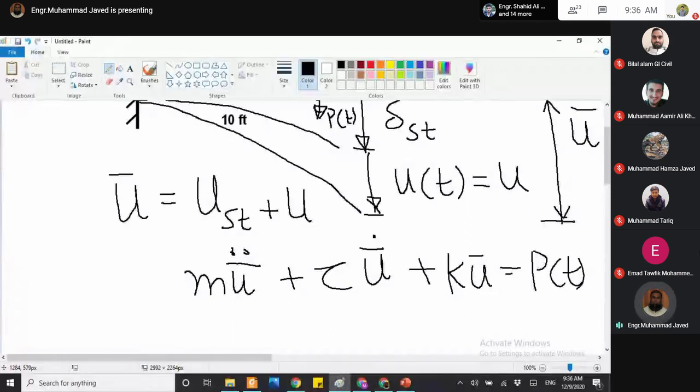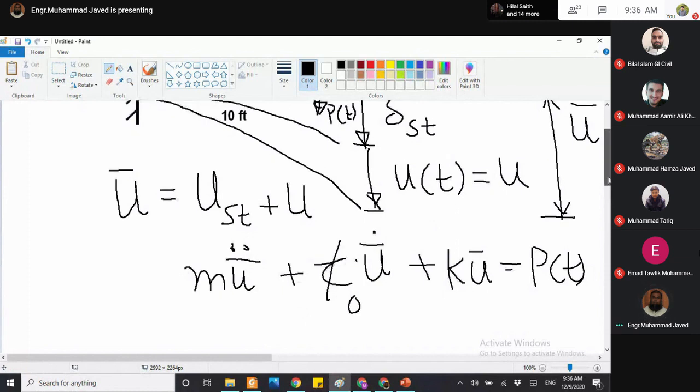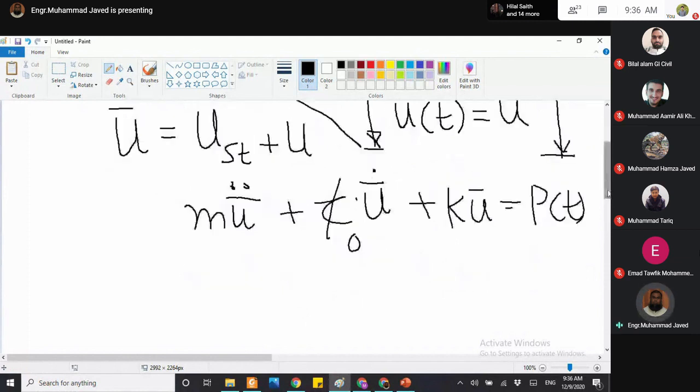It is given that the system is undamped, so C will be 0, and we will be left with m u bar double dot plus k u bar is equal to P of t.